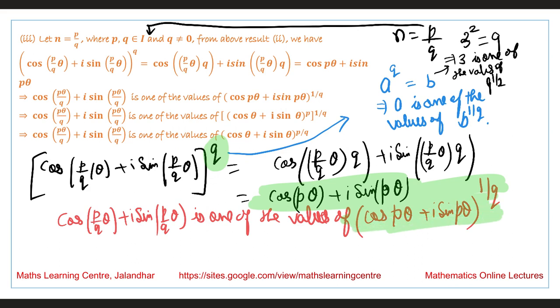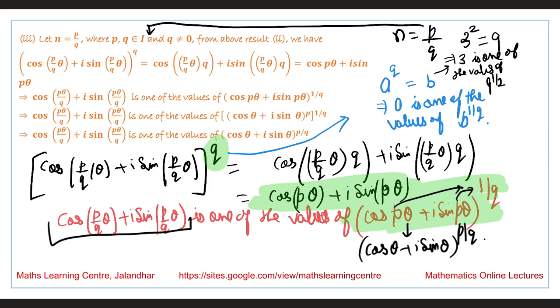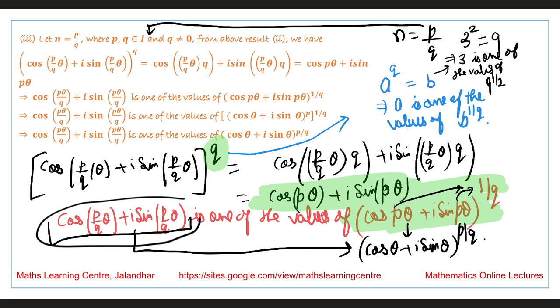Now this can be written as (cos theta + i sin theta) raised to the power p by q, as the power p can come over here. So this is one of the values of (cos theta + i sin theta) raised to the power p by q. This is what we had to prove.